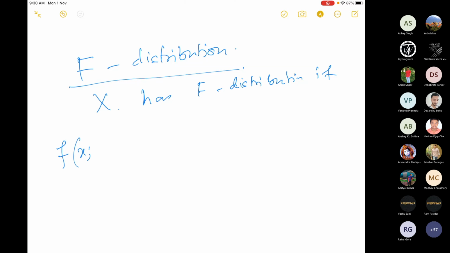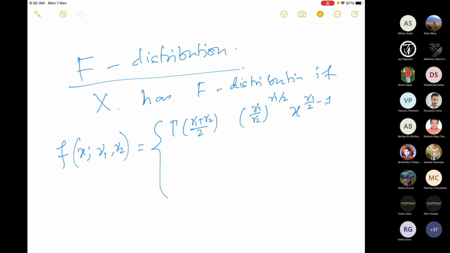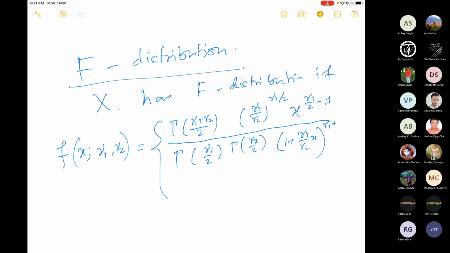The PDF of X with mu1 and mu2 is: gamma of (mu1 plus mu2)/2, times (mu1 by mu2) to the power mu1 by 2, times x to the power (mu1 by 2 minus 1), divided by gamma of mu1 by 2 times gamma of mu2 by 2 times (1 plus mu1 by mu2 times x) to the power (mu1 plus mu2)/2, when 0 is less than or equal to x less than infinity, and 0 otherwise.